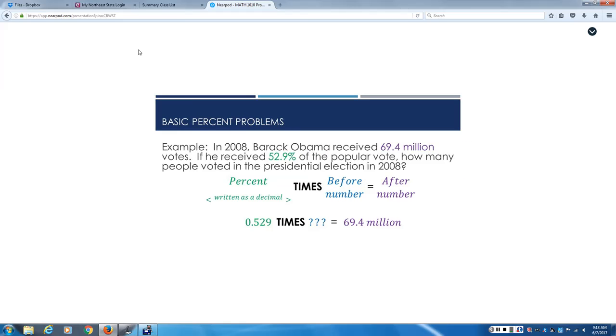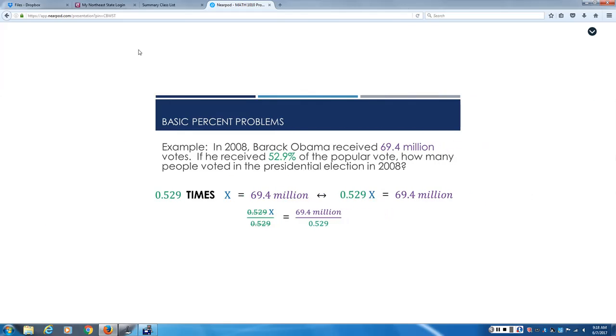The percent is 0.529. The after number is 69.4 million. This time the question asked us what the before number was. So what we do is we use X to represent the unknown.